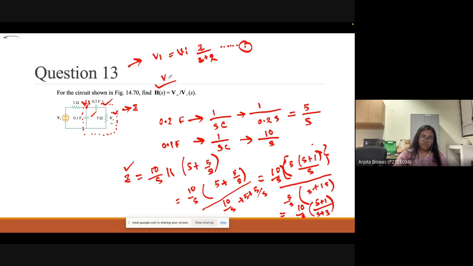And then V output, from that side we are calculating. So V1 into 5 by 5 plus 5 by S, 5 by S. So it is the value S by S plus 1 into V1.